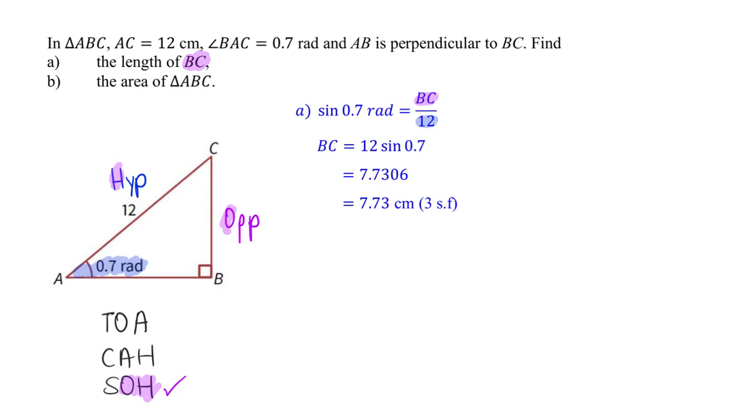A word of caution though, do ensure that your calculator, if you are using your calculator, is in radian mode, since we are dealing with radians for angles. So please make sure that your calculator is in radian mode.